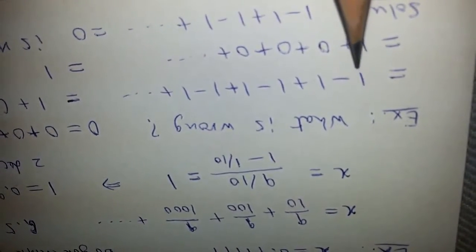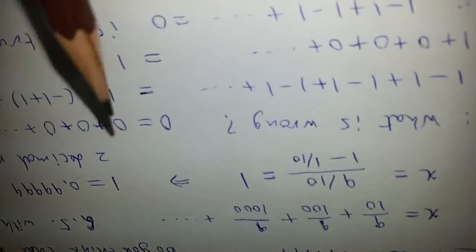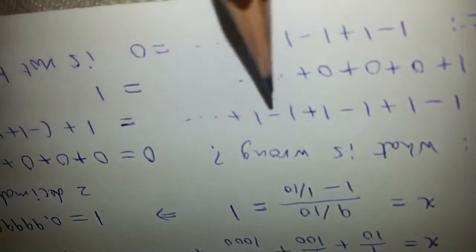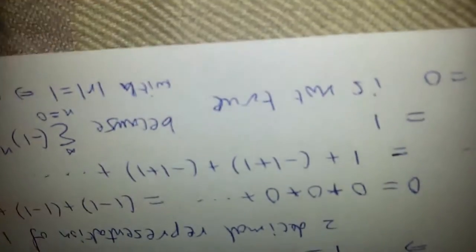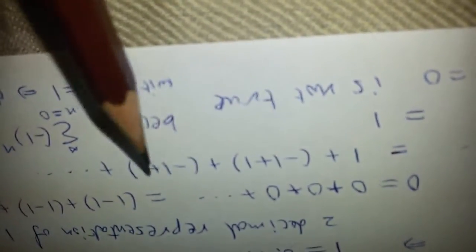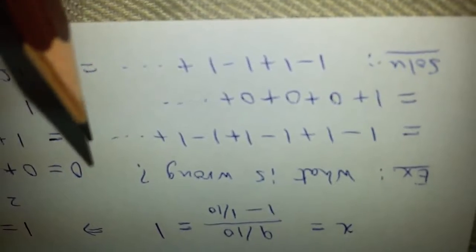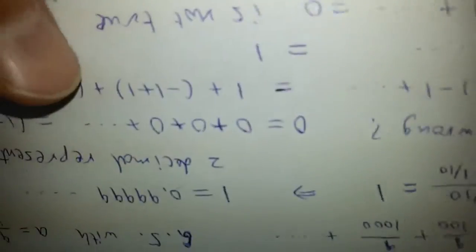Now let us take this one first alone, and let us start adding minus 1 plus 1, minus 1 plus 1. If you do that, then minus 1 plus 1 is 0. So this is 1 plus 0 plus 0 plus 0, which is 1. So 0 equals 1.